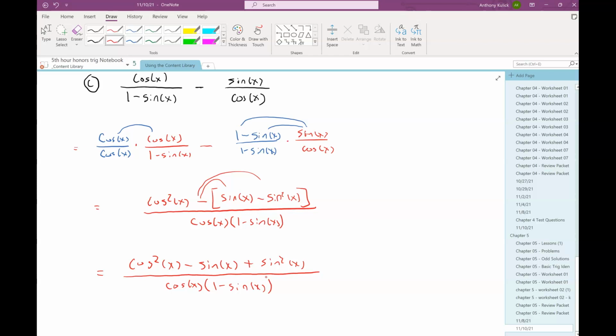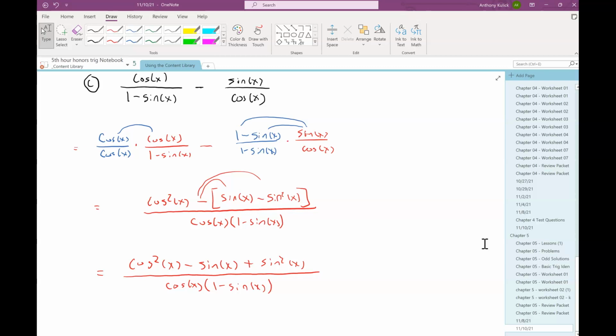Look for an identity. Okay. Where would I probably want to be hunting for my identity? Personally, I'd be wanting to look at the numerator because I want to get that sorted out. Since the denominator is already in a factored form, I'm probably not going to want to mess with that a whole lot. But the numerator, maybe there's something good I can do up there.